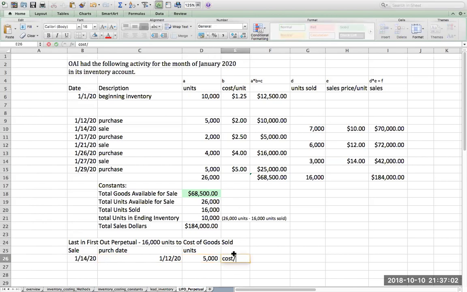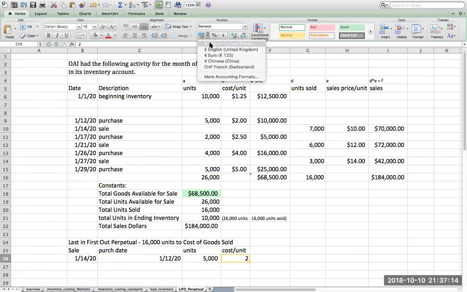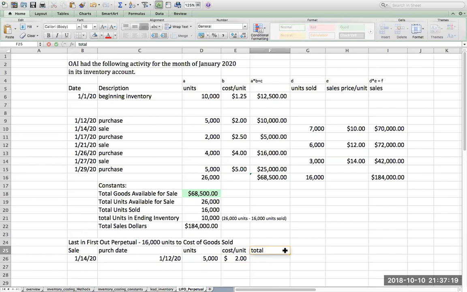My cost per unit is $2 per unit, so my total here is going to be $10,000.